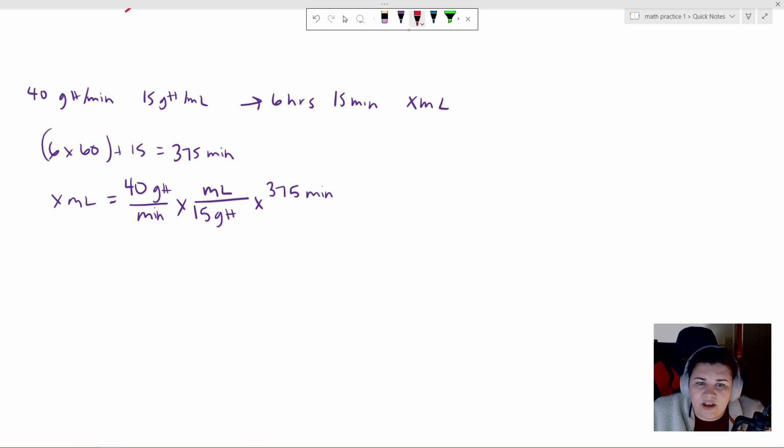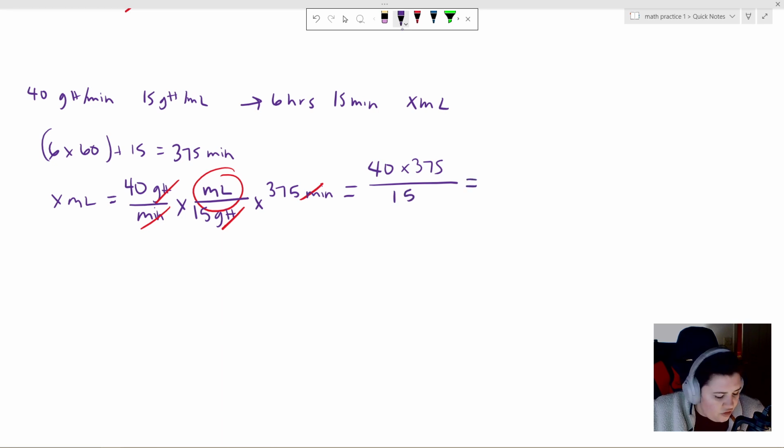So we can go ahead and cancel out our units. Drops cancel each other out. There's minutes. And all we're left with is milliliters. Perfecto. So it ends up being 40 times 375 over 15. Which in turn gives you 1,000 milliliters. All right. Now we're cooking. Okay.